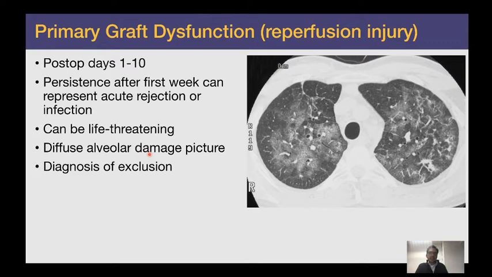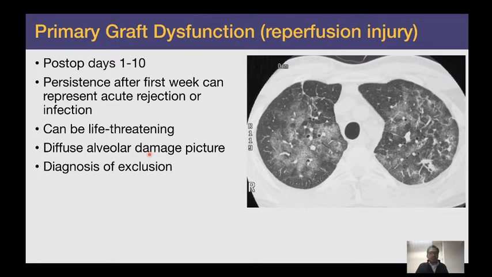Okay, and that's called primary graft dysfunction, but it's really a diagnosis of exclusion. Because other things can happen in that acute period, like within 10 days, like acute rejection, like you said, pulmonary edema, pneumonia. So really the differential for airspace disease within the first 10 days is pretty broad.